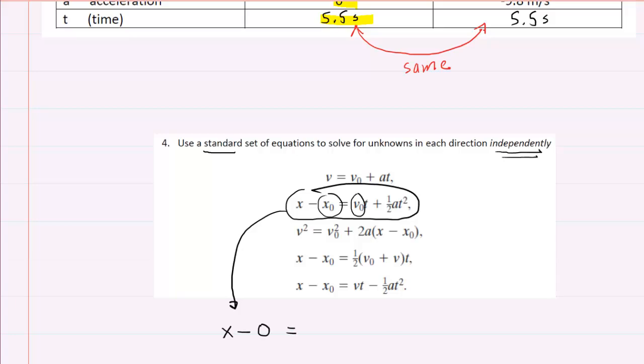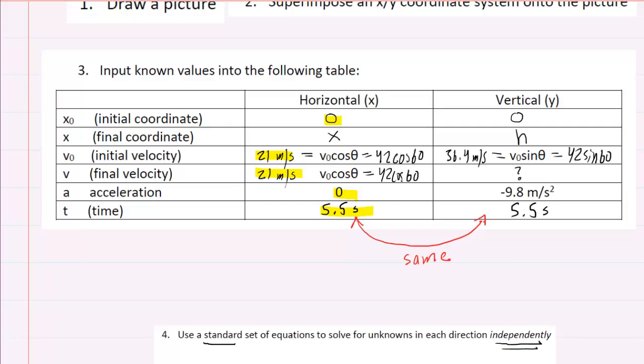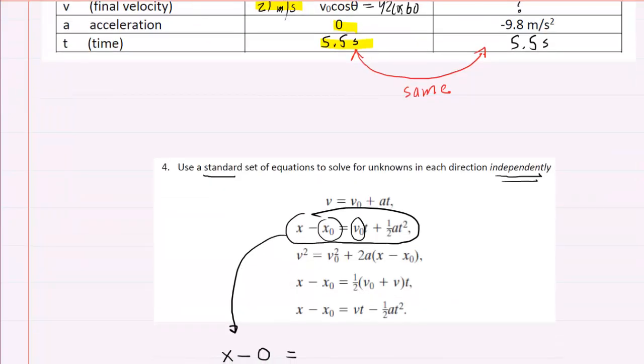The initial velocity for the x direction, or the horizontal direction, you can go back to the table if you need to, and the initial velocity was 21 meters per second. So you would fill that in for that v0. That would be 21 meters per second, multiplied by the time. That was given as 5.5 seconds, so we'll fill that in.